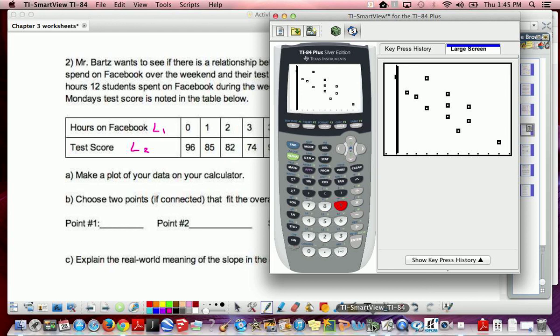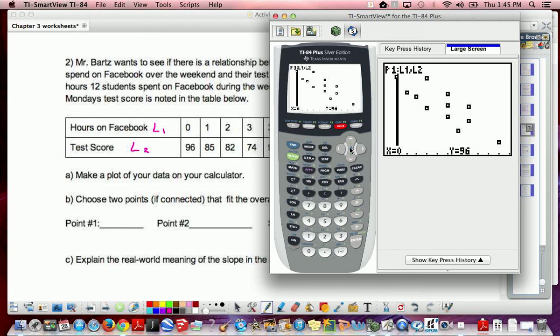Now I try to find usually the smallest and largest points only if it fits the data pretty well. So if I hit the trace key here, this will let me jump and skip around. But I think if I choose this point with the very bottom point that's in the very bottom right, I think that would actually be a decent way to describe this data.